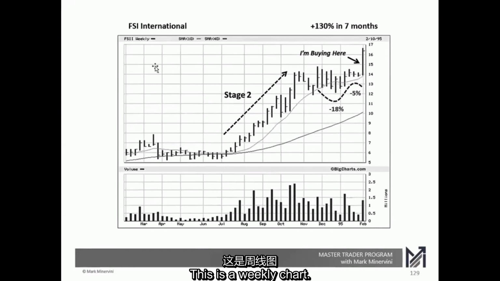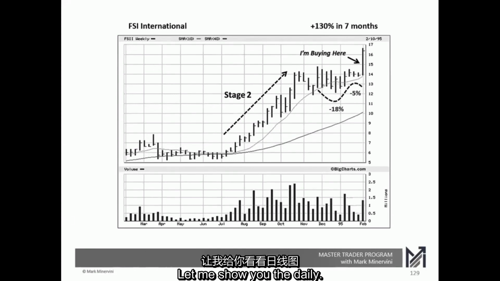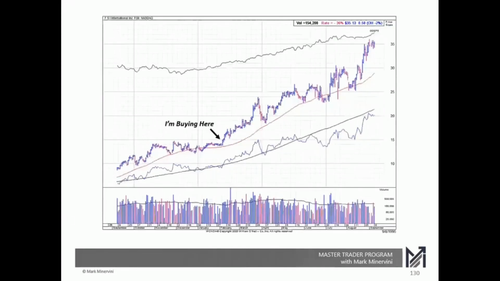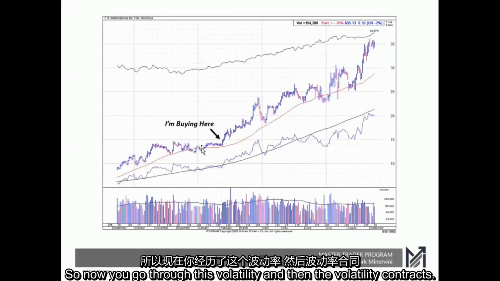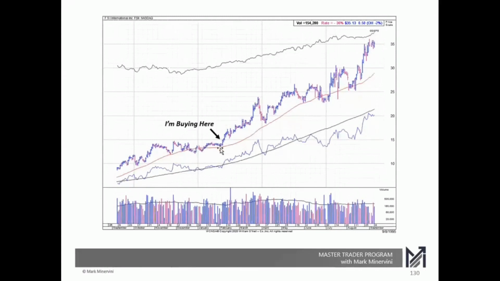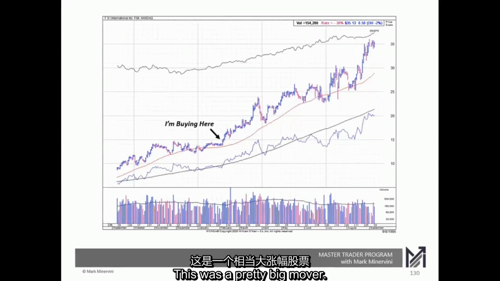This is a weekly chart. You're going to see this on a weekly, and you're going to see it on a daily. Let me show you the daily. Take a look at this. Look how tight that is. You see how it just gets really, really tight here? So now you go through this volatility, and then the volatility contracts. I'm buying it right here as it comes out. And then you make this nice move, and this was a pretty big mover.